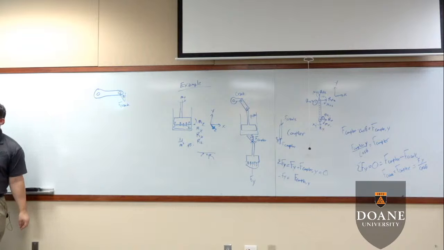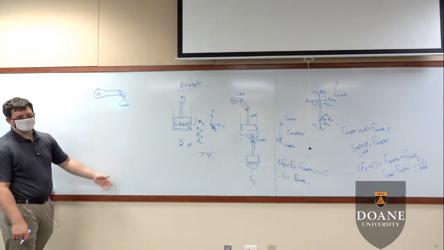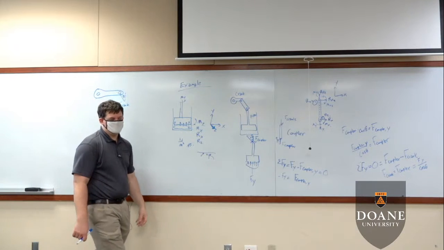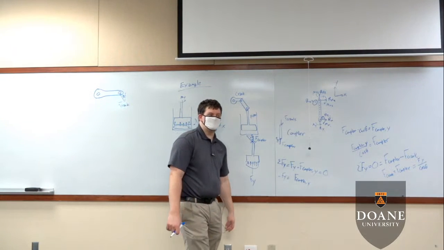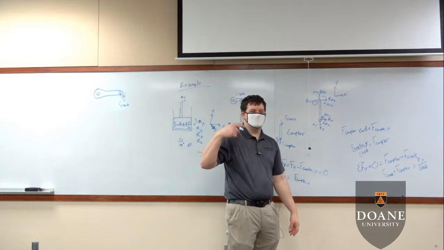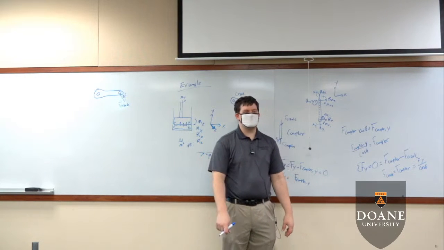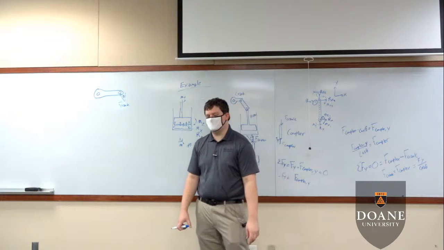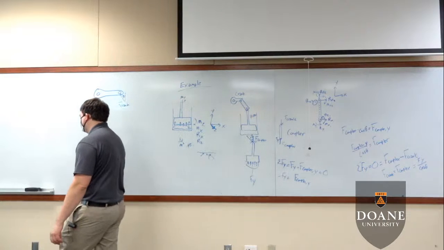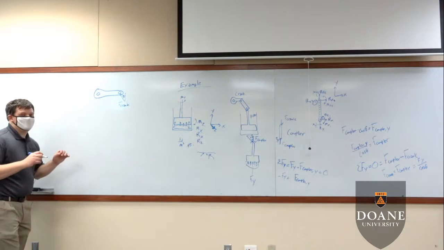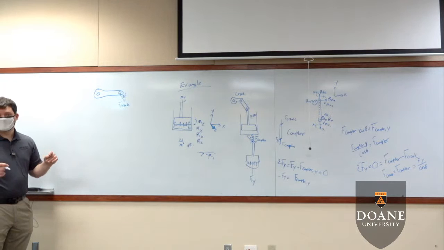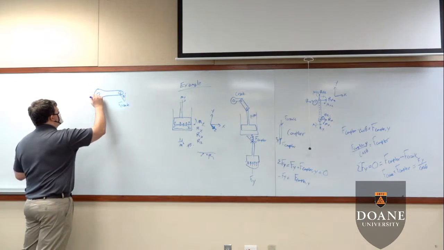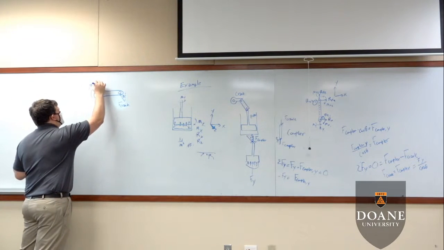Now, more than likely what's happening is your crank is probably going to be welded to an axle. It usually is. If the crank isn't welded to the axle, if it's allowed to just spin, there's no reason to even have a crank. So we will have an MZ value here, and that MZ is going to be your output.